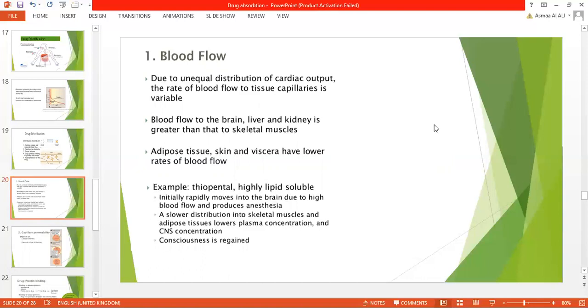For example, thiopental, highly lipid soluble, initially moves rapidly into the brain due to high blood flow and produces anesthesia. A slower distribution into skeletal muscle and adipose tissue lowers plasma and CNS concentrations. Here, consciousness is regained.